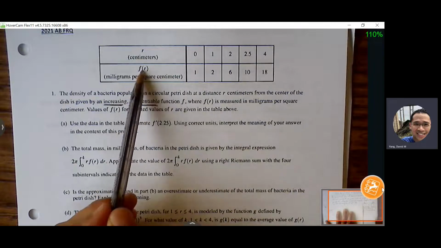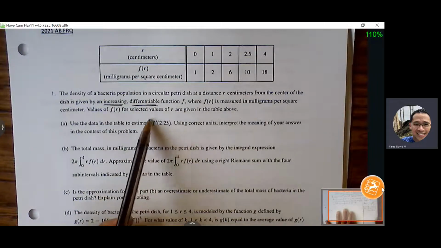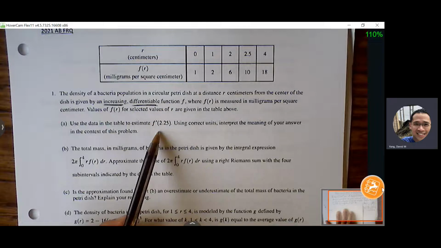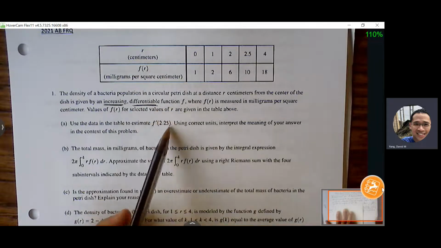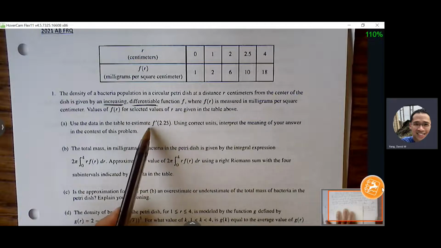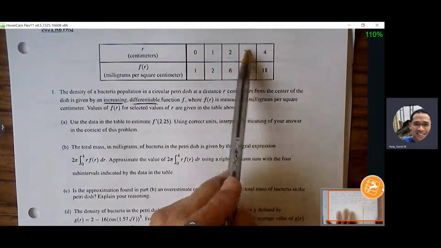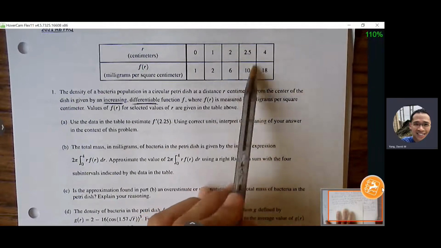So we have F of r. We're asking for f prime. We don't have a function to find the derivative, but we know that this is slope related, right? We can estimate the slope at 2.25. So we'll find the closest ordered pairs and find the slope that way.